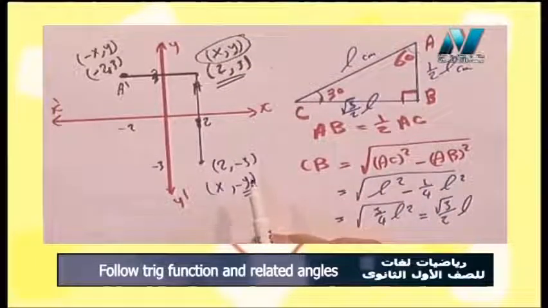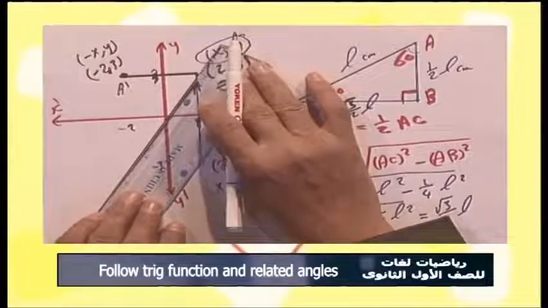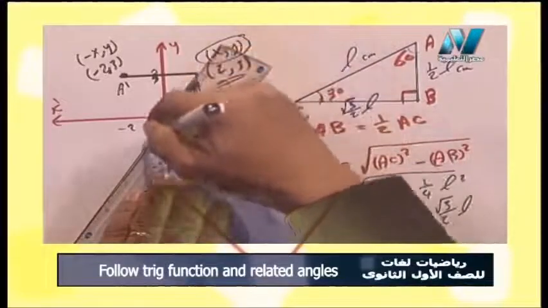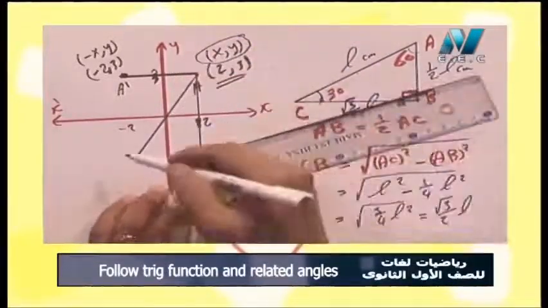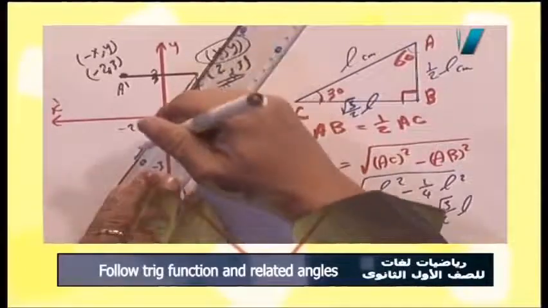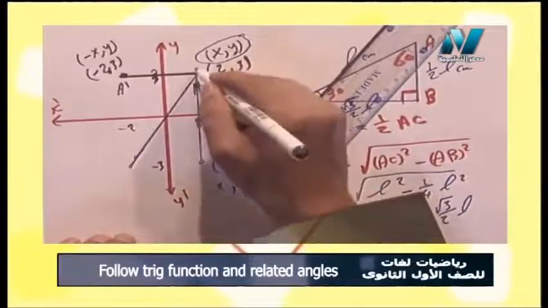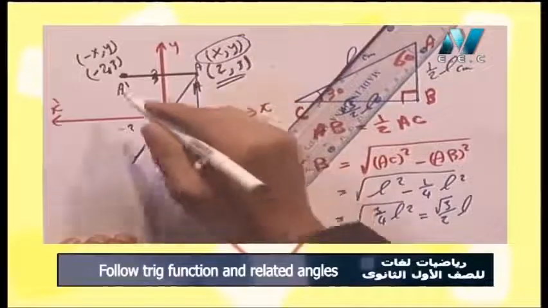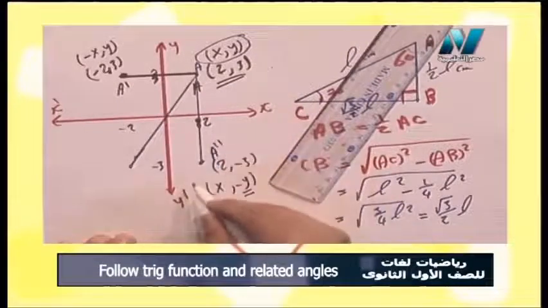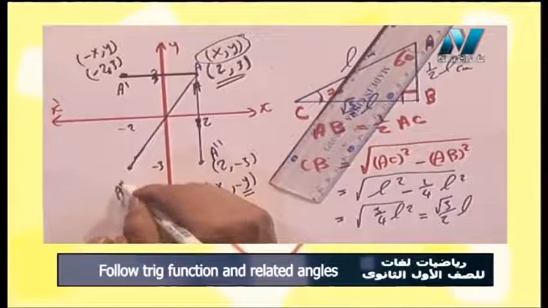And the last thing I would like to talk about is if we would like to reflect this point in the origin point, like that. This point will be negative 2 and negative 3. If we call this point A, and this point is A dash, we can call this point A double dash, and of course we will call this point A triple dash.